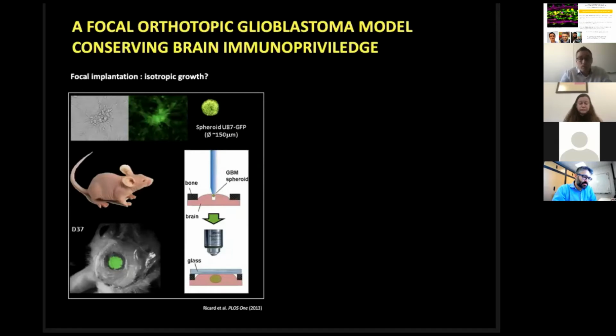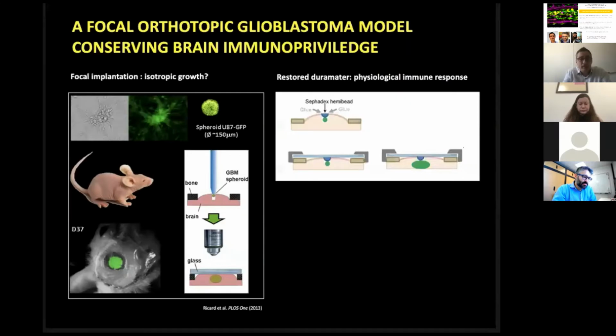We used a U87 human cell line that was stably transfected with GFP, and that we grew as a spheroid of calibrated size in order to implant it in the superficial layer of the cortex. They were injected in the cortex of nude mice, 200 microns deep, in order to be close to the surface to facilitate imaging. That was in any case eased by the glass window.